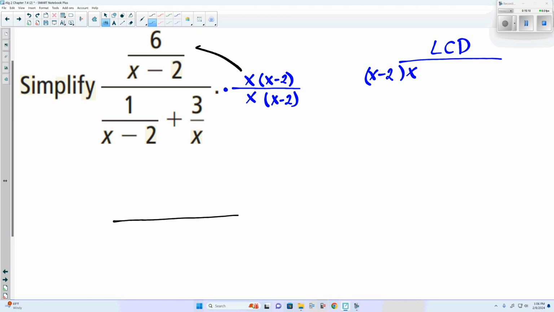Now again, we're going to multiply the x times x minus 2 on top and bottom. So we multiply it with our numerator fraction, our 6 over x minus 2. Well, it's just 6x times x minus 2, because we're multiplying that with the numerator.